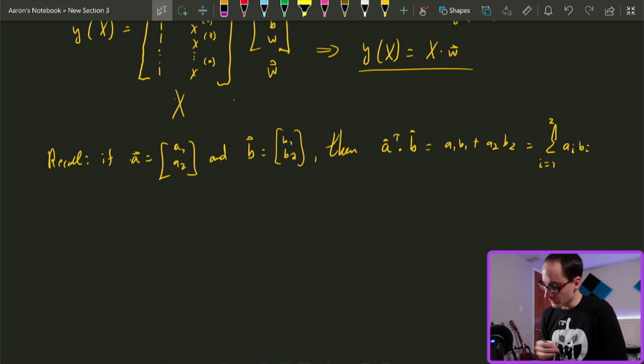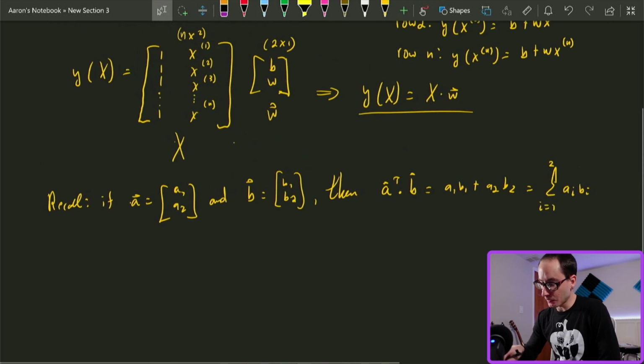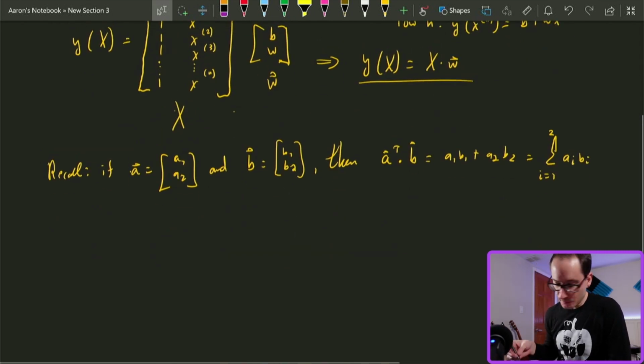Cool. All right, so I'm bringing back that dot product because I want us to think about our loss function, or mean square error loss function that we looked at before.